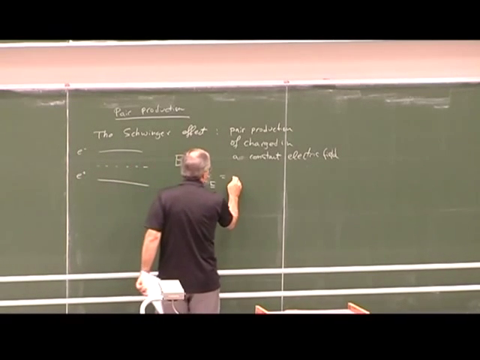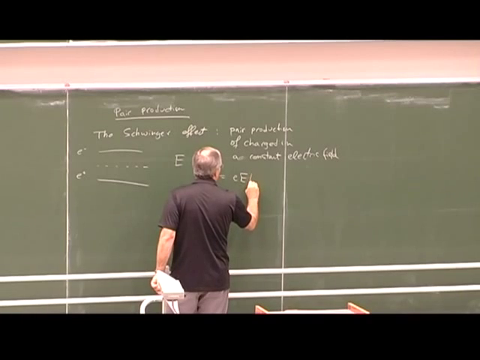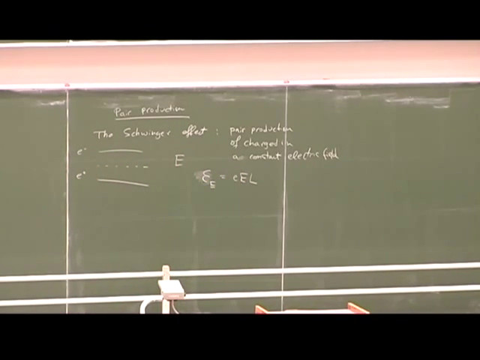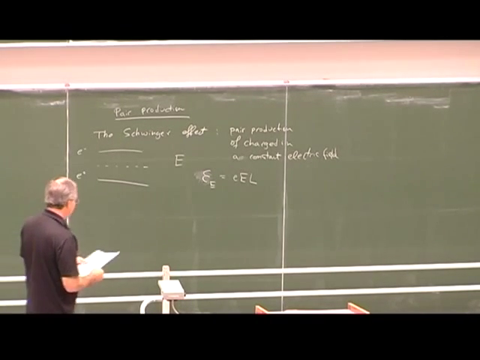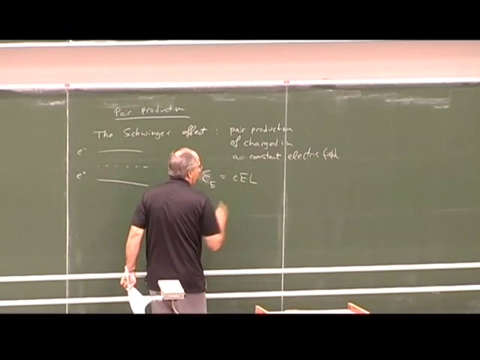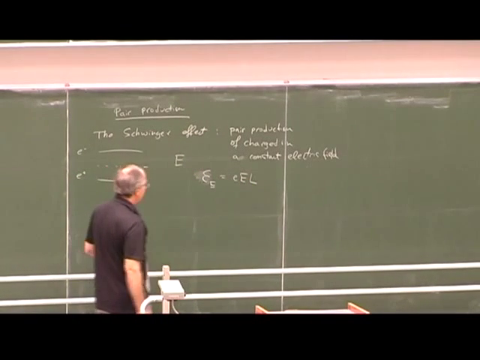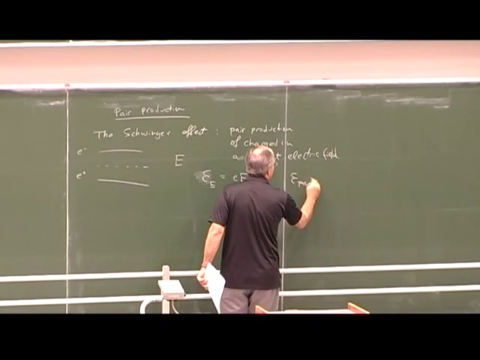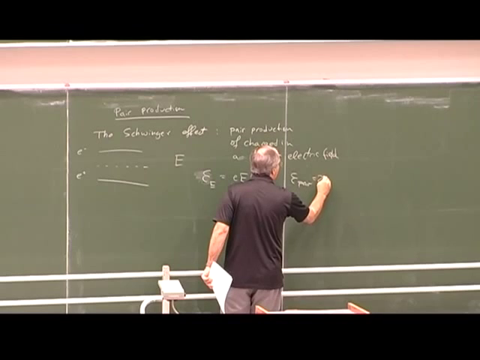In this case, the energy stored in the electric field for two particles of charge e at distance L apart is e E times L. And the energy needed to create a pair is 2m.